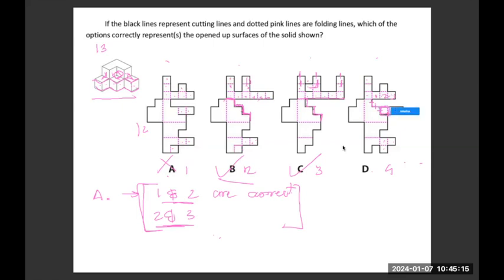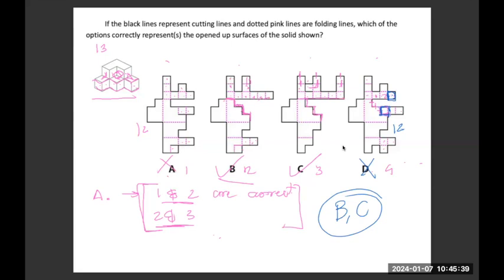This square will get overlapped by 2 squares here, which means the number of surfaces in D will be reduced to 12 because these two squares are overlapping in the same place. So D is not possible. So the correct answer is B and C.